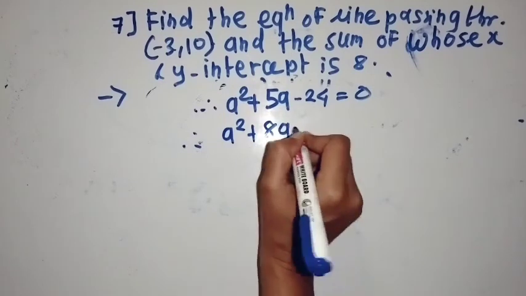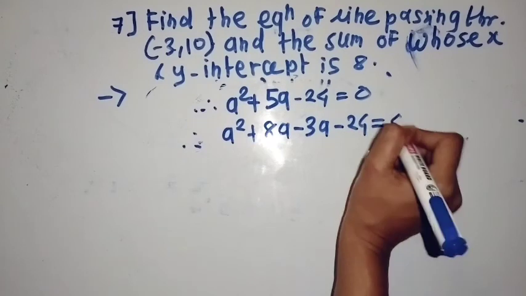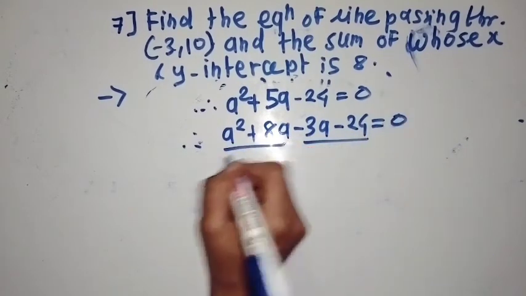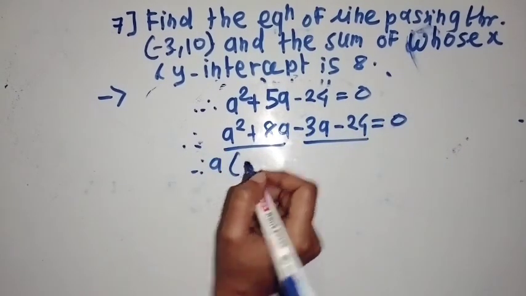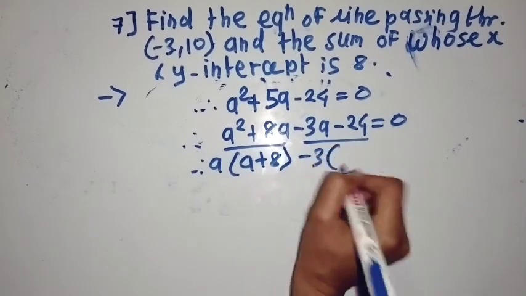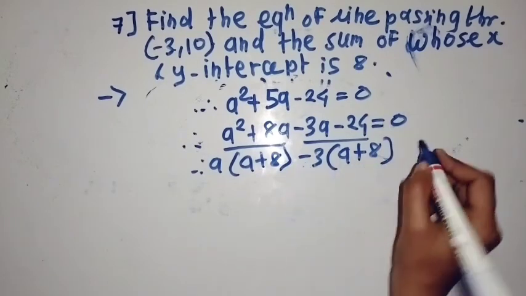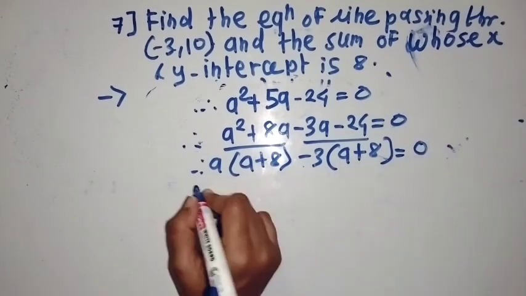So a square plus 8a minus 3a minus 24 is equal to 0. Then in brackets, a into a plus 8 minus 3 into a plus 8 is equal to 0.